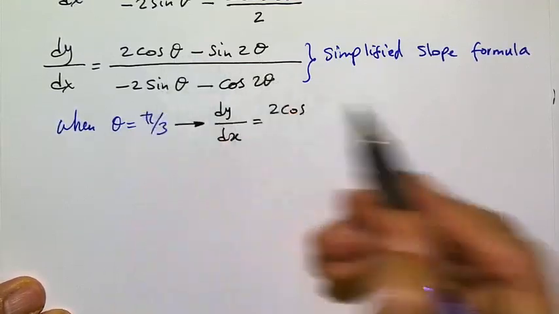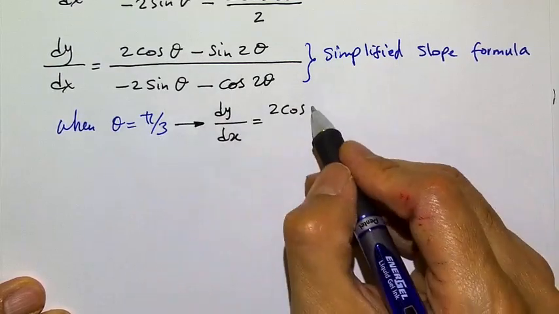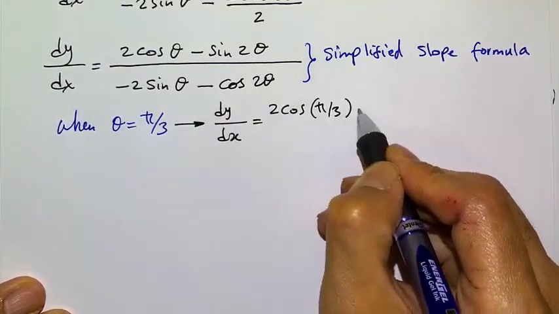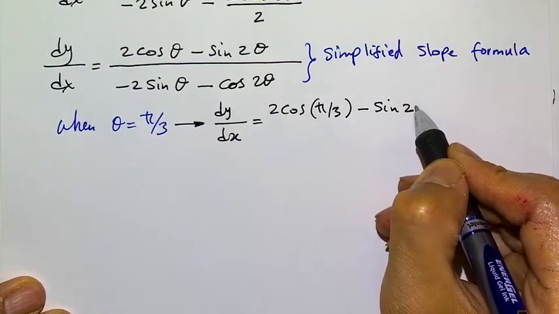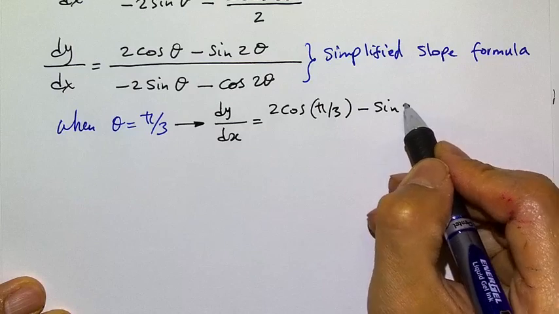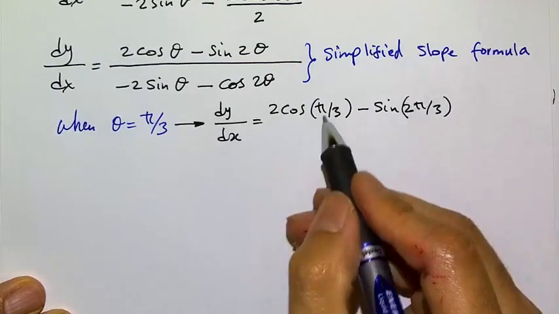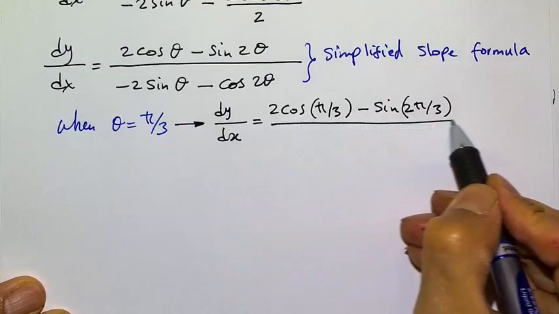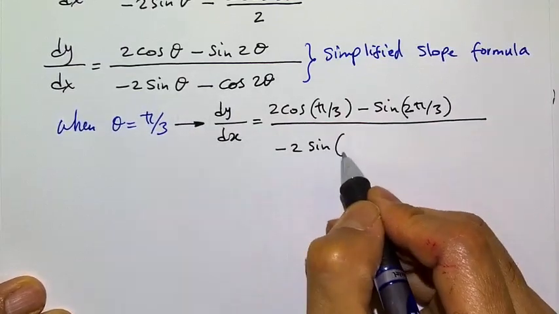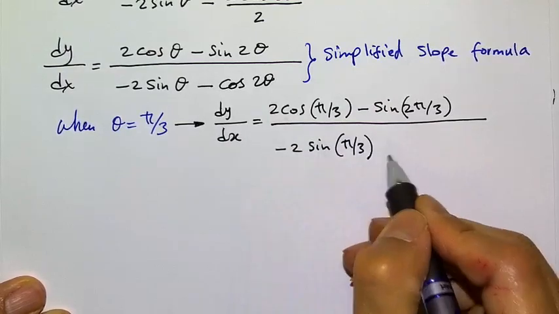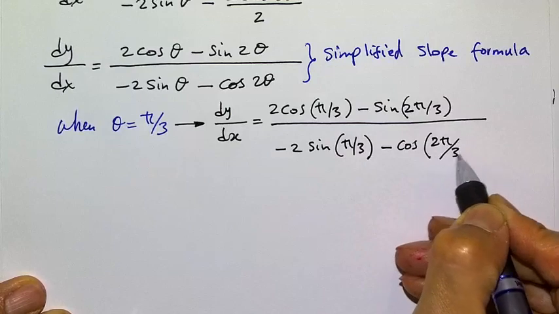Wherever we have theta, we'll replace it with pi over 3. So pi over 3 minus sine 2 pi over 3, divided by minus 2 times sine pi over 3 minus cosine of 2 pi over 3.